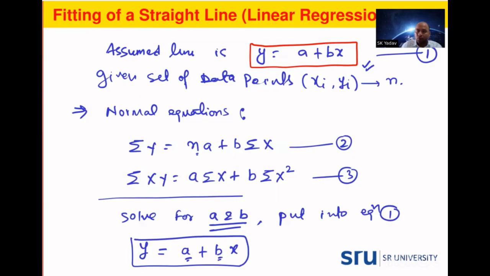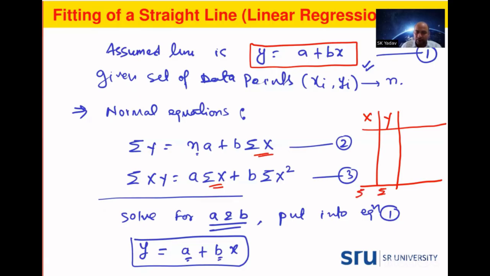So to find these two equations for the given data sets, I have to compute how many columns you can see here. So x is given, y is given. I'm writing here in a small space. I have to compute now summation x, that means summation of this first column, and summation of y from this.